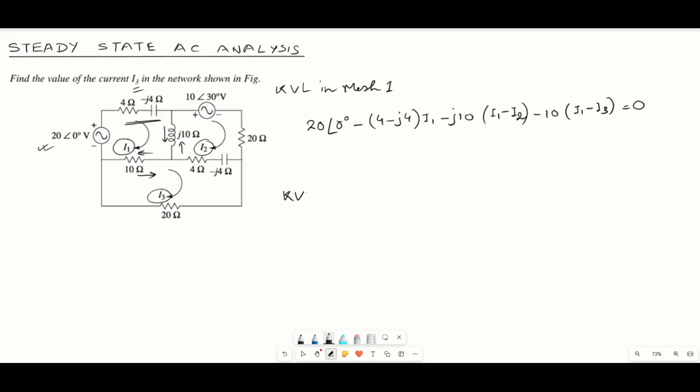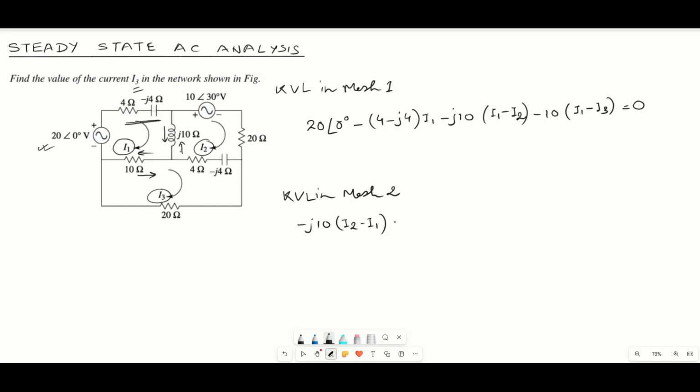Then writing similarly the KVL in mesh 2, starting from this point: minus J10 into (I2 minus I1), because we are working in the second loop.